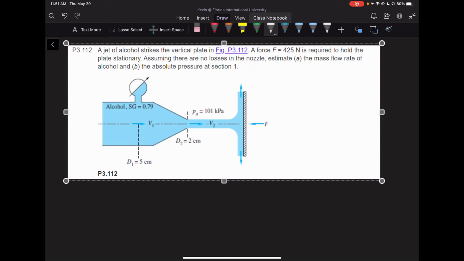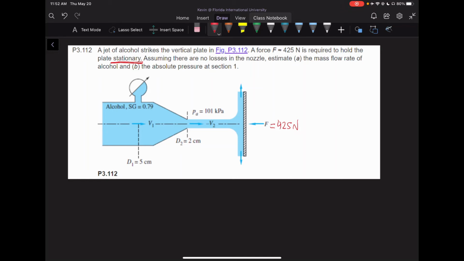The force here is equal to 425 newtons, and if we keep the force at 425 newtons, this system doesn't move. In our previous problem, the plate wasn't stationary, it was moving. It had a set of wheels on the bottom. In this case, it's a little bit simpler. We have a stationary plate.